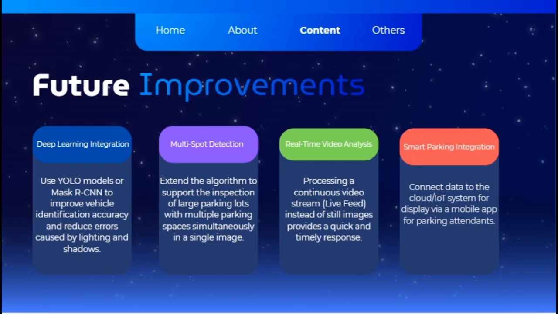And the third, instead of processing still images, the system can analyze real-time video streams from CCTV cameras. And finally, the system could be connected to the cloud or an IoT platform, allowing parking information to be displayed on a mobile application. This would help drivers quickly find an available parking space.